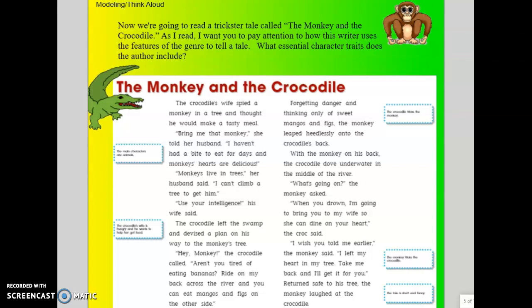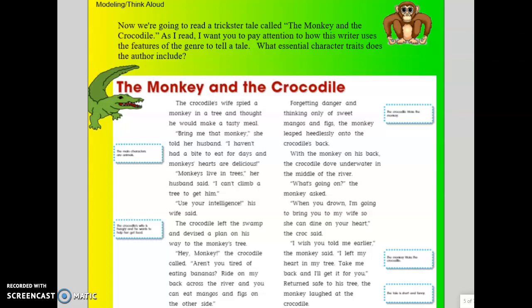The crocodile left the swamp and devised a plan on his way to the monkey's tree. "Hey, monkey," the crocodile called, "aren't you tired of eating bananas? Ride on my back across the river, and you can eat mangoes and figs on the other side." Forgetting danger and thinking only of sweet mangoes and figs, the monkey leaped heedlessly onto the crocodile's back.